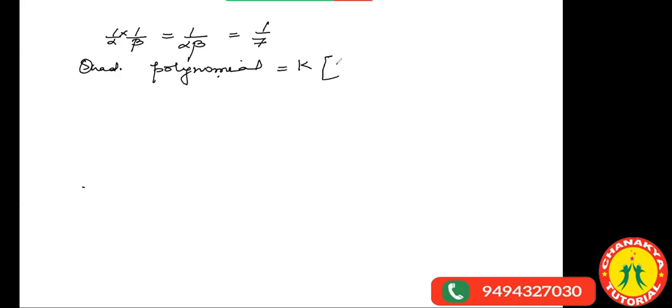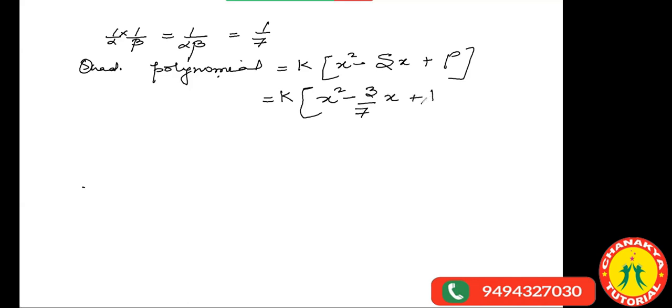K times x square minus sum of the zeros into x plus product of the zeros. So K times x square minus the sum, which is 3 by 7, and the product of the zeros is 1 by 7.